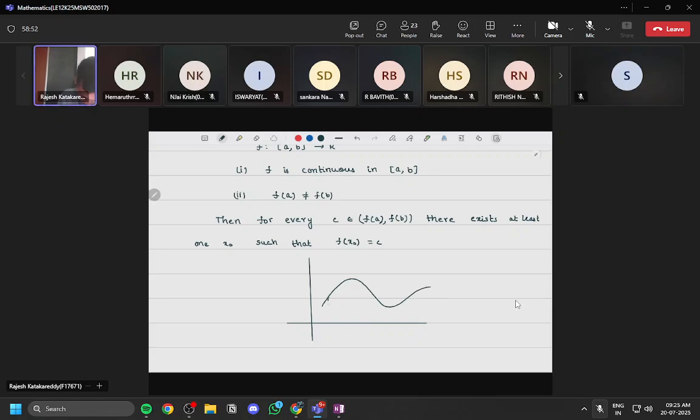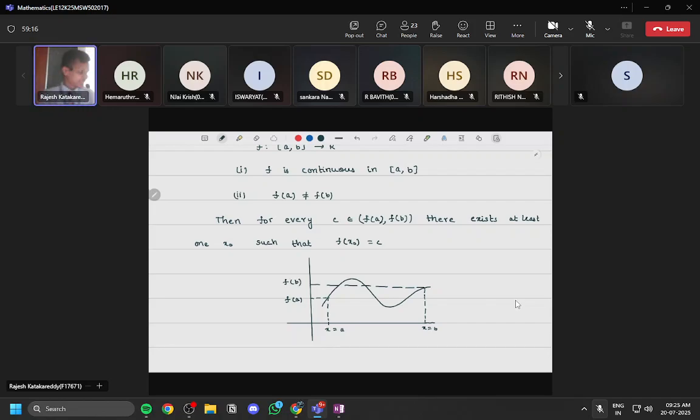So this is x equals a. Somewhere here we have x equals b. On this side we have f of a, and this is f of b.